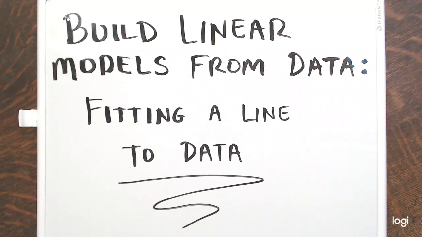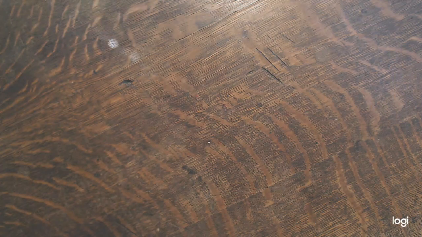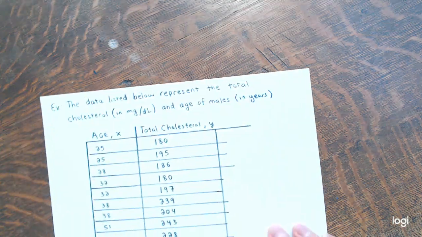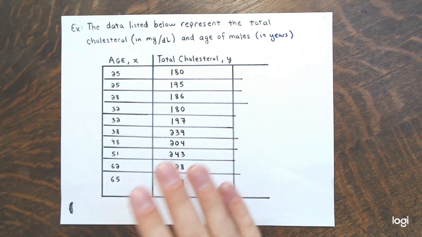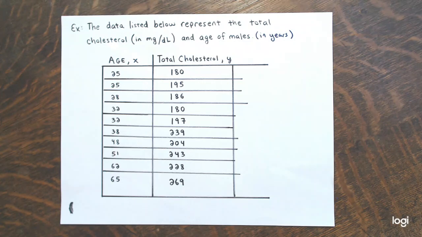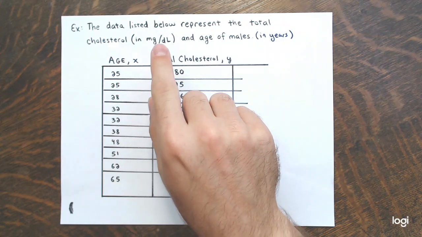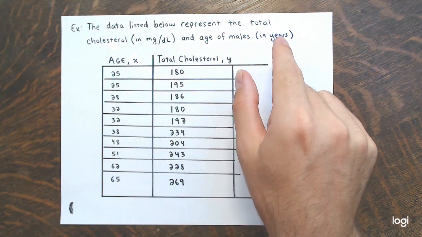So let's begin. I have an example that came up a couple videos ago in the first video of this 3-video series on building linear models from data. That was the video on scatter diagrams or scatter plots. And it was where I was given this table. The data listed below represent the total cholesterol in milligrams per deciliter and age of males in years.